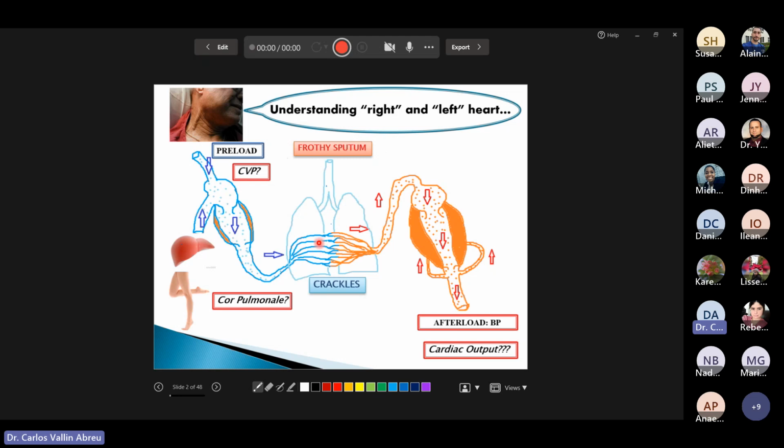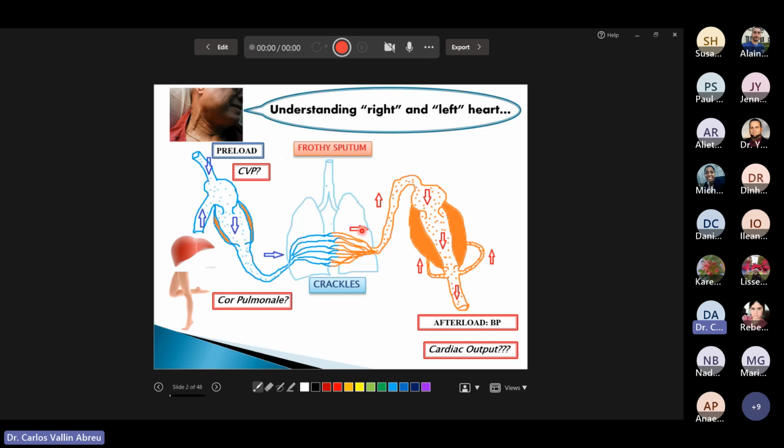As I said, this liquid is moving from the capillaries of the pulmonary circulation into the alveoli. So this liquid is basically blood plasma with proteins and some red blood cells. But this liquid is churned, mixed with the air that the person is breathing because the person is still alive.